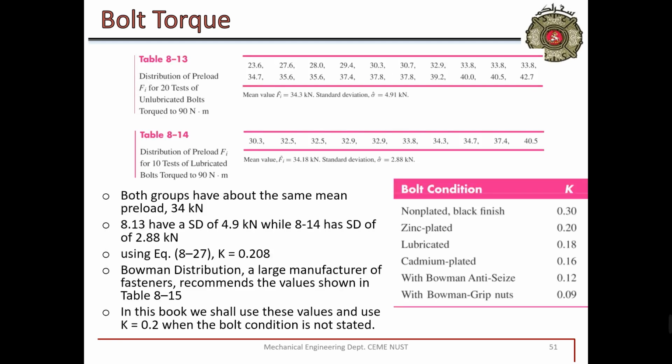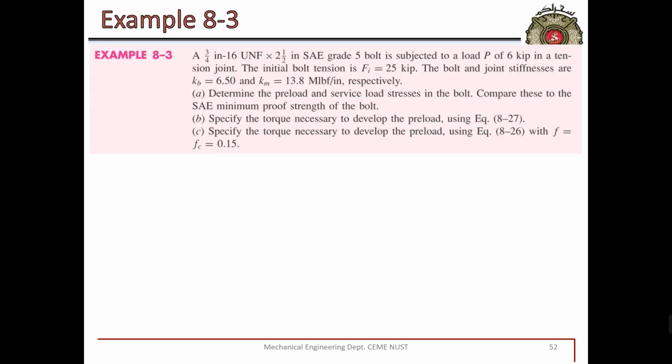That is only the explanation of why we use K equal to 0.2. If you go check, the range of K is from 0.1 to 0.2, so just use the average, 0.2, for most problems.